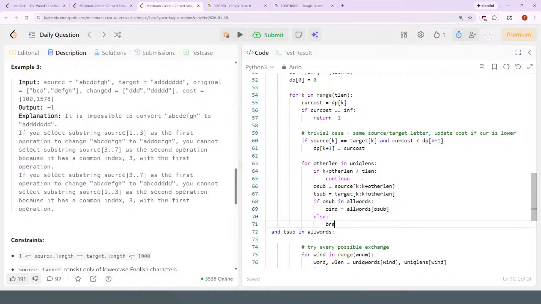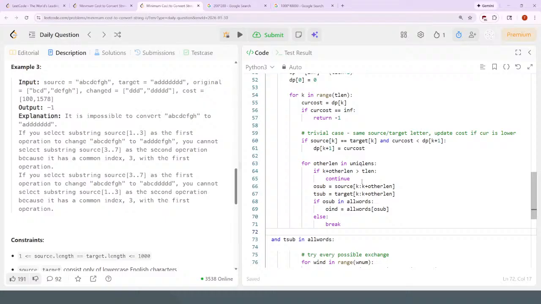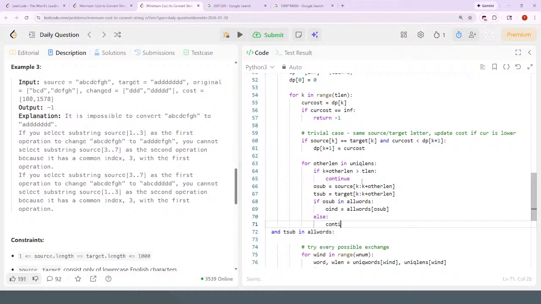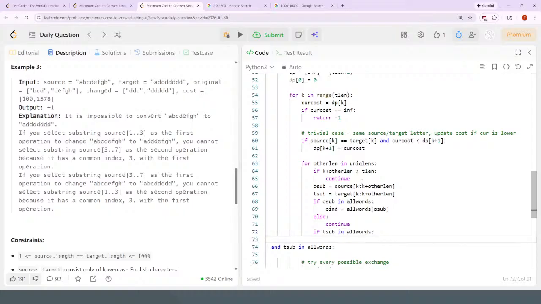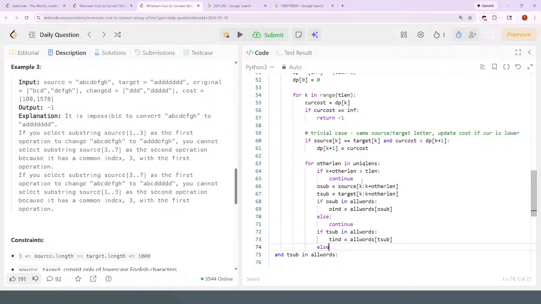Else break, I guess, or else continue to the next other length. Yeah, it should continue. If T sub is in all words, then T index is equal to all words at the T sub, else continue.